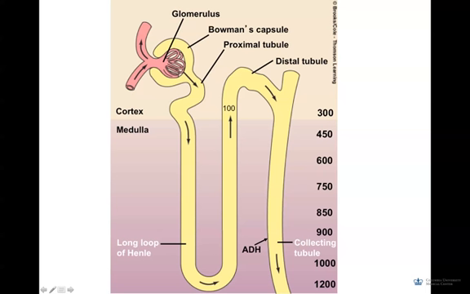So it enters the distal tubule and water gets reabsorbed until the urine equals 300, right? It equalizes with the osmolarity that's around it.